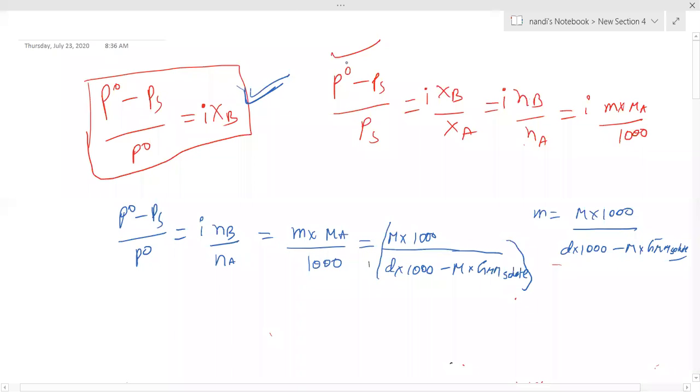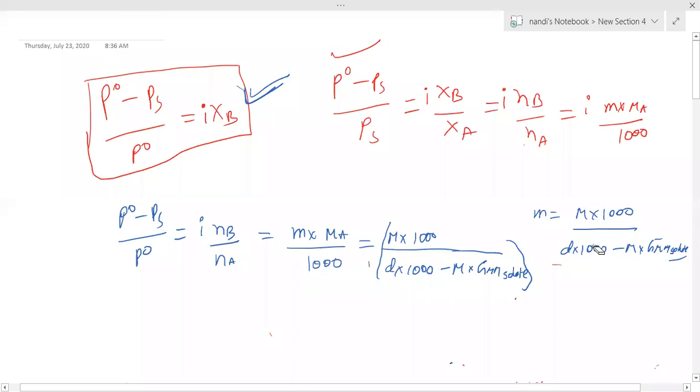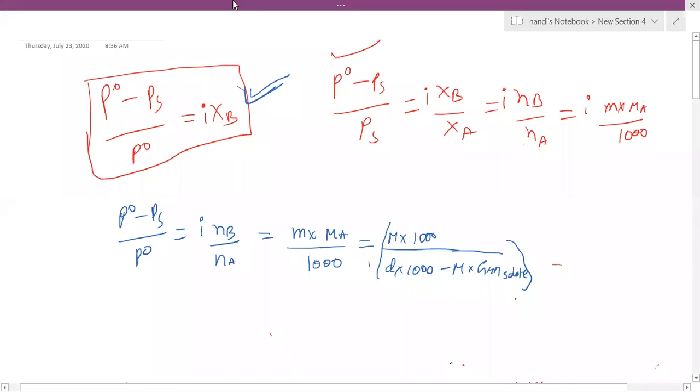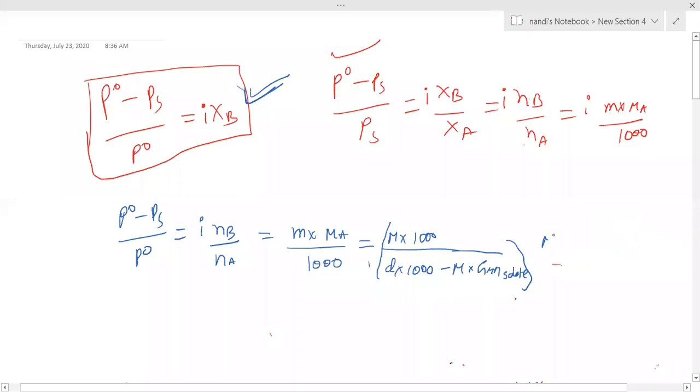Into what can you write, sir? Ma by 1000, you need to write. This whole thing is only the molality formula. So Ma by 1000. Suppose I ask by giving the relative lowering of vapor pressure, then I can ask for molarity also. Be ready to solve that one.